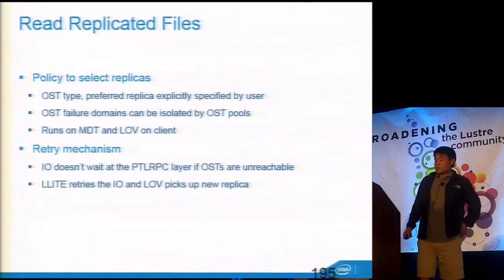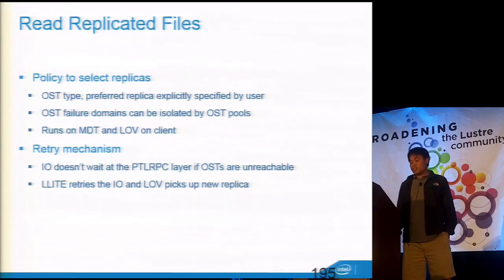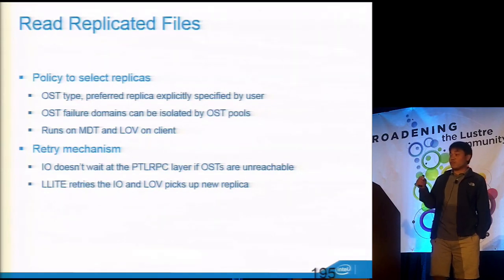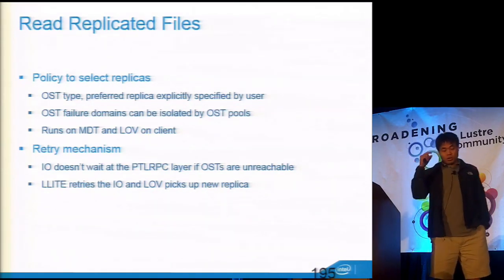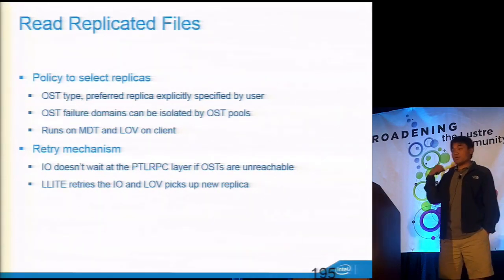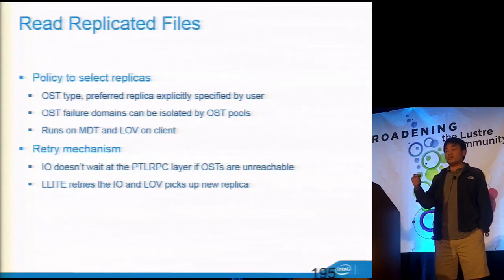And there will be a retry mechanism. So I/O won't be waiting at the OST port RPC layer like what we do right now. So if a specific OST is unavailable, after a retry mechanism is introduced, the I/O will fail immediately.